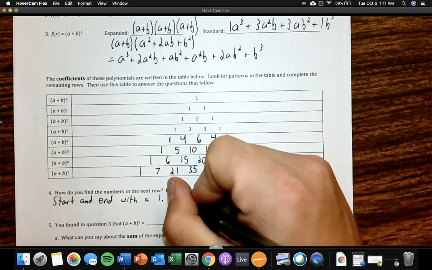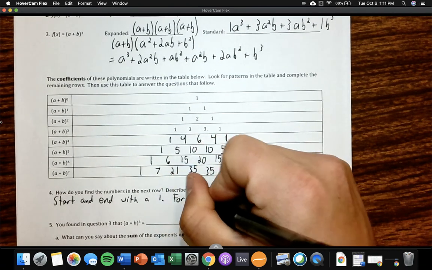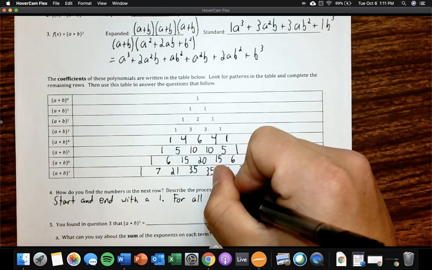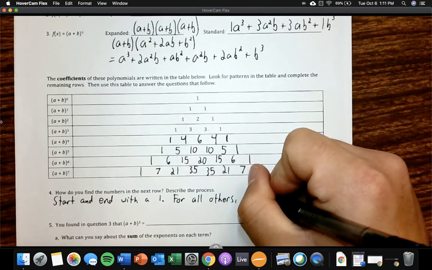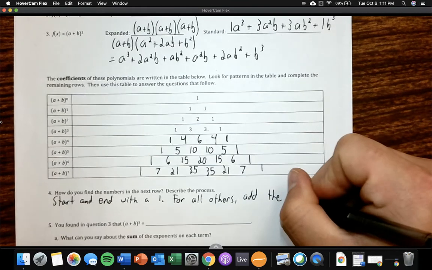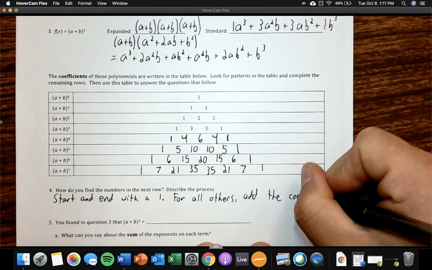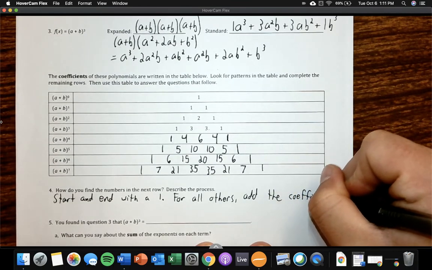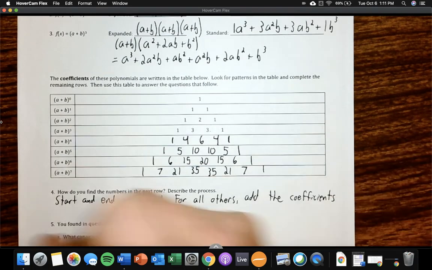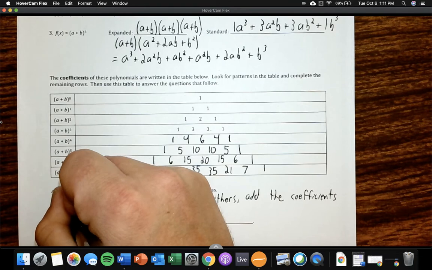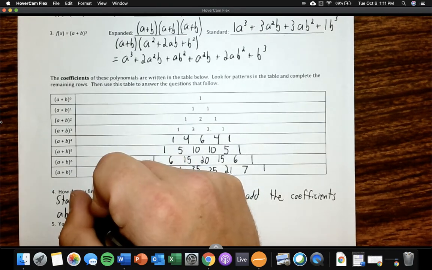So we can say for all others, add the coefficients above it in the previous row.